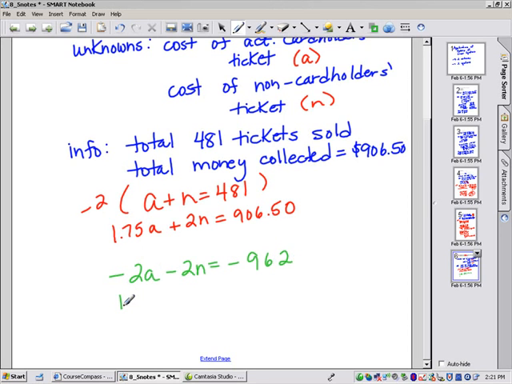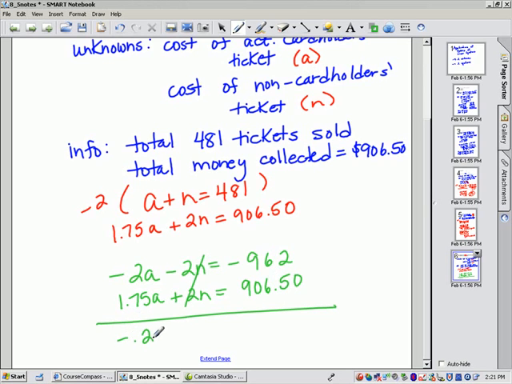The second equation is 1.75A plus 2N is equal to 906.50.